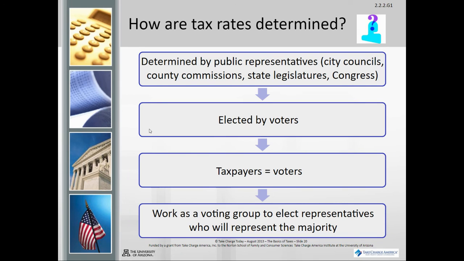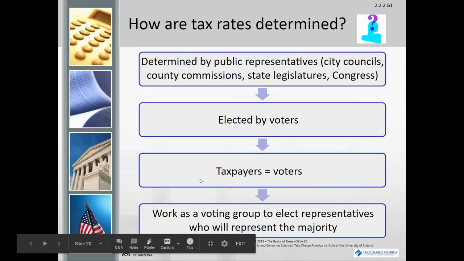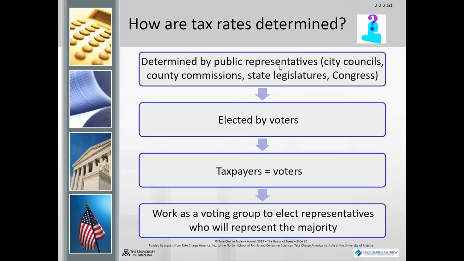Tax rates are determined in general by public representatives. So they are placing votes to increase or decrease taxes based on the people that they represent. So if taxpayers have voted in a public representative, chances are they agree with that person's stance on taxes, and therefore that person is going to try to represent their pool of voters by voting the way that their constituents want them to vote.